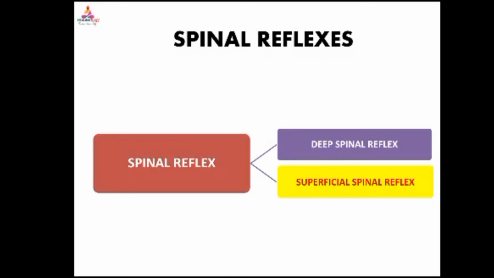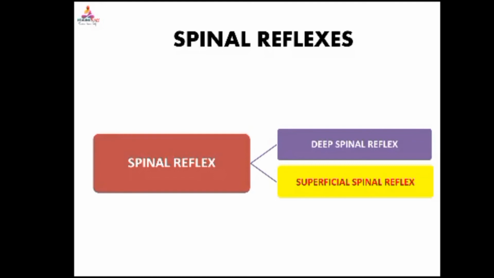Second is the cremasteric reflex. The segments are L1 and L2. It is elicited by gentle stroking of the skin on the upper medial aspect of the thigh. Its response is that the ipsilateral testis is pulled up due to contraction of the cremaster muscle.